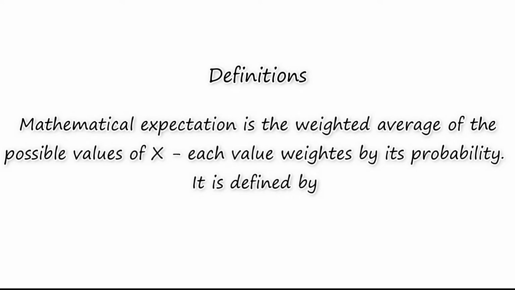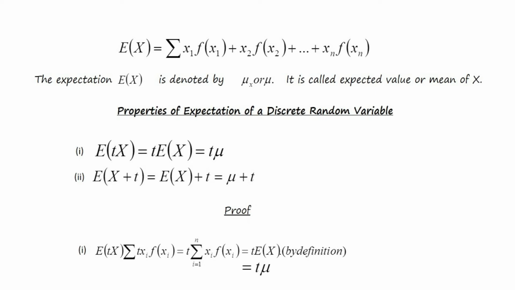It is defined by the expected value of X equal to the summation of x1 f(x1) plus x2 f(x2) plus ... plus xn f(xn). The expectation of X is denoted by mu. It is called the expected value or mean of X.